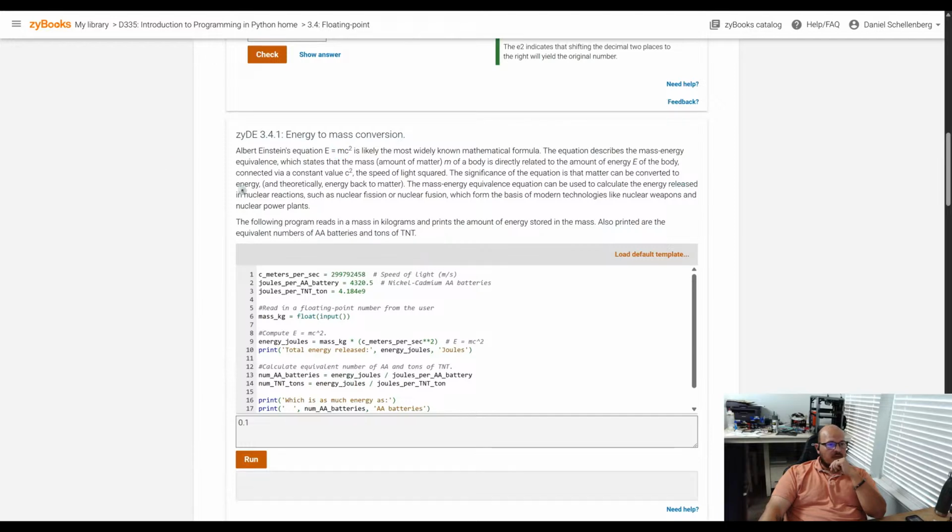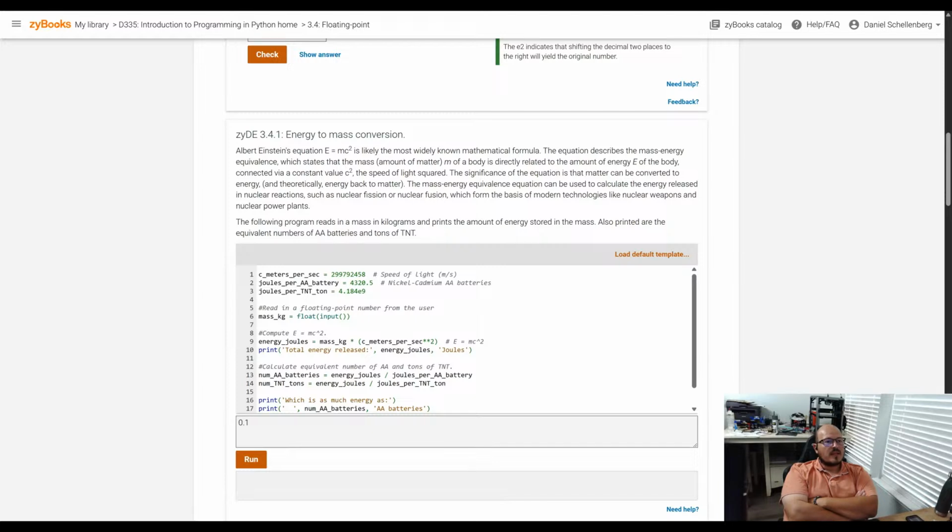Energy to mass conversion. This is going to be fun. Albert Einstein's equation E equals mc squared is likely the most widely known mathematical formula. The equation describes the mass-energy equivalence, which states that the mass, the amount of matter, m, of a body is directly related to the amount of energy, E, of the body, connected via a constant value, c squared.